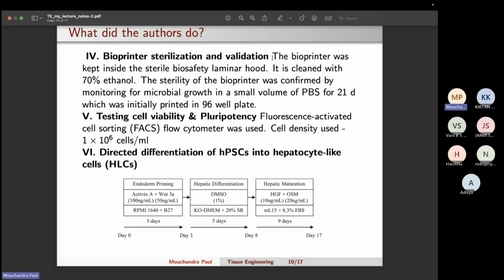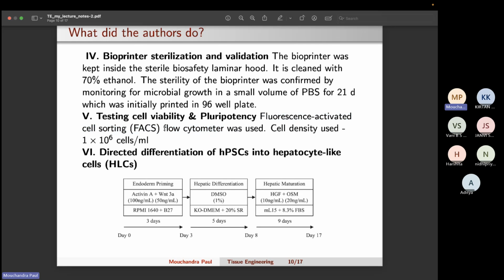Then they have also explained how they have maintained aseptic or sterile conditions while 3D printing. They have also tested whether the samples that were 3D printed were sterile or not, and the viability of the cells. They were tested using a technique called fluorescence activated cell sorting, a flow cytometer.